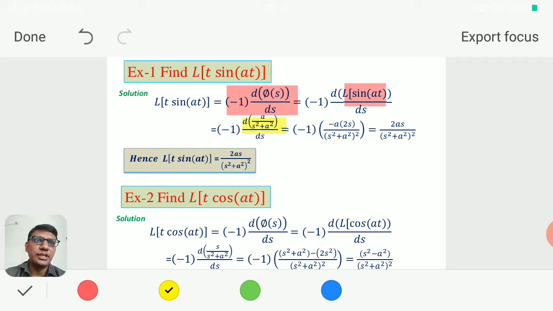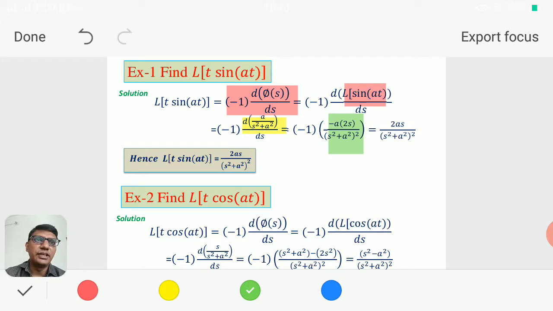Now we apply the derivative of a upon s square plus a square. We know the derivative of 1 upon s is minus 1 upon s square. Here we have a upon s square plus a square, so the derivative of this portion is minus a upon s square plus a square the whole square into 2s.